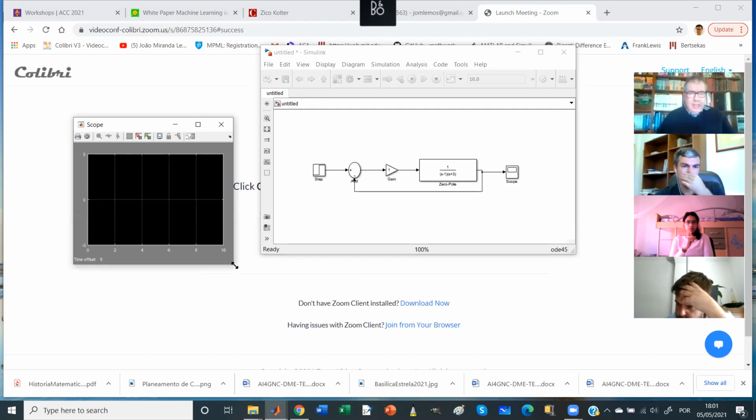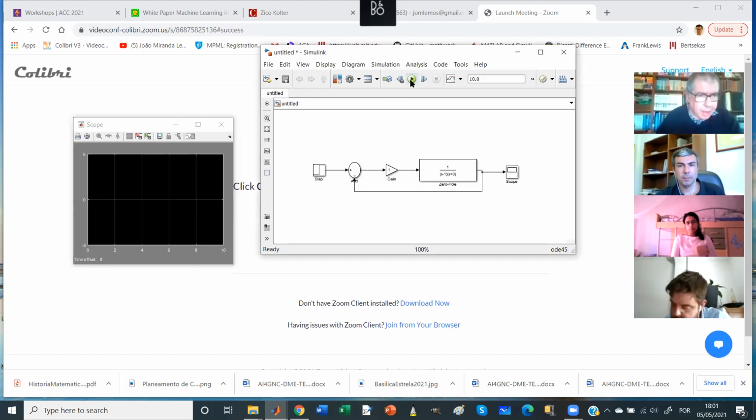Now our theory is that for small values of the gain, you get an unstable system. So let's see, and the critical gain, did you compute the critical gain? Let's try with 1 to see what happens. Nothing happens. It's running.